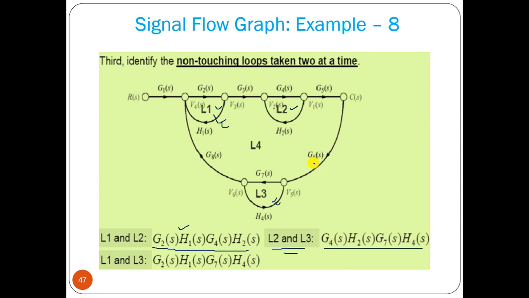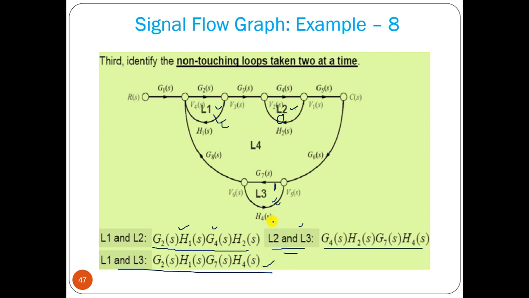L1, L2 non-touching, L1, L3 non-touching, and L2 and L3 also non-touching. So 3 non-touching loop pairs are there.